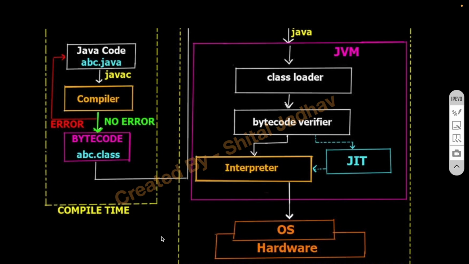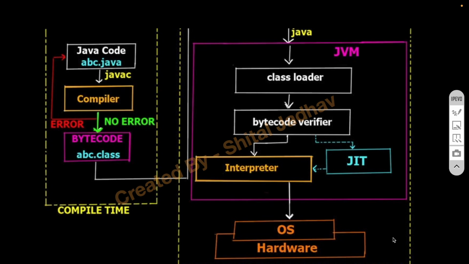Whenever we execute it, all of these things happen internally. First the .java file, then you compile it, then the bytecode gets generated, and then you give that to the JVM. The JVM loads that bytecode, verifies it, then interprets the code line by line, and you see the output. This is the flow. I hope this flow is clear to everyone.